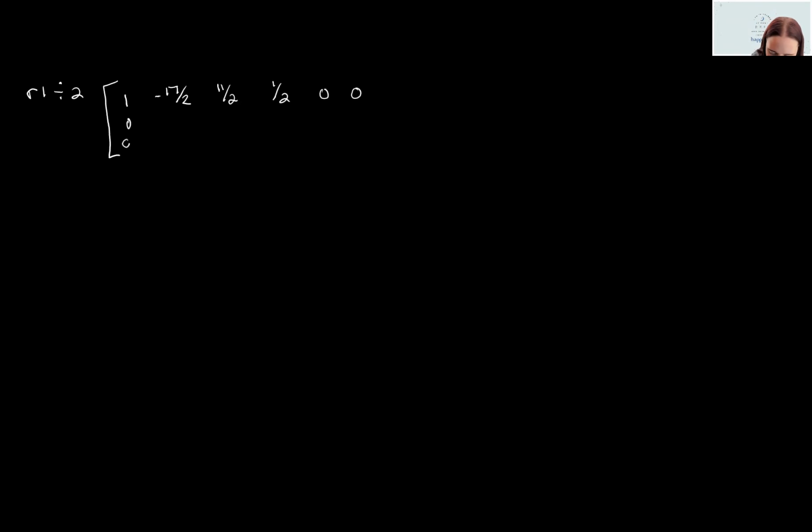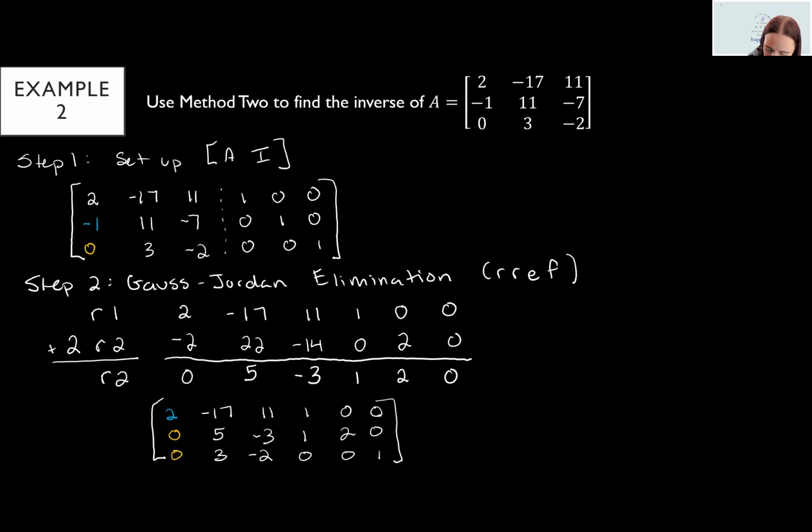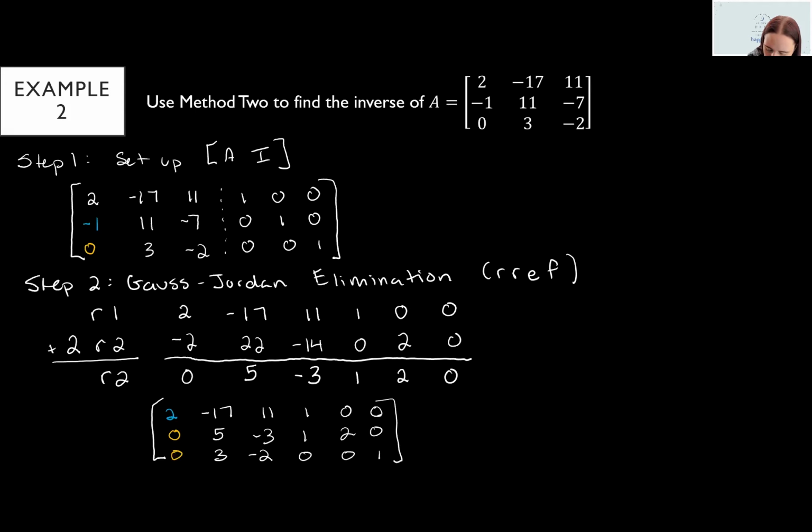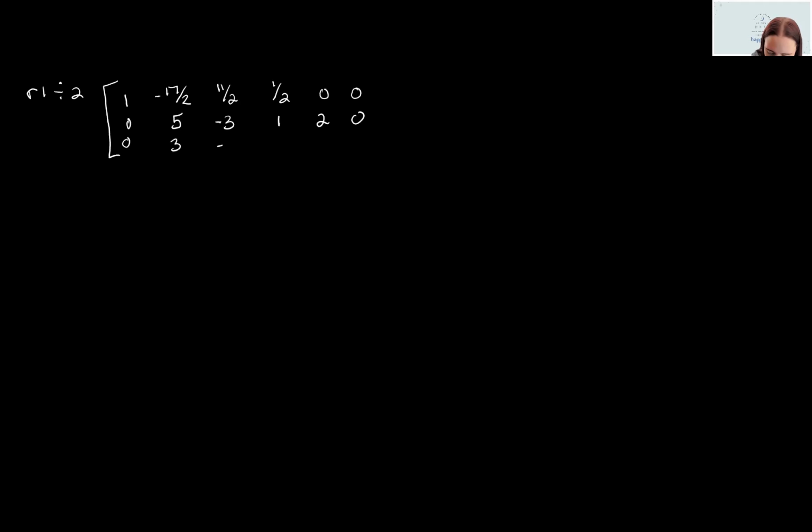And I know I have my zeros here. Then I've got 5, -3, 1, 2, 0, and 3, -2, 0, 0, 1. Doing these things by hand can take a lot of steps. So now I've got my 1, 0, 0 correct.